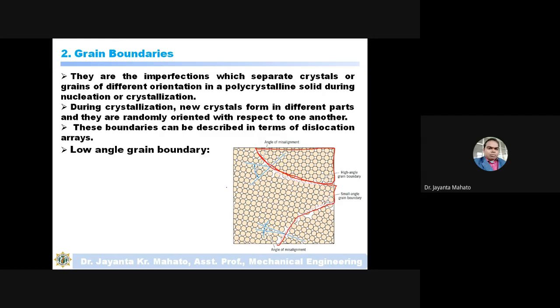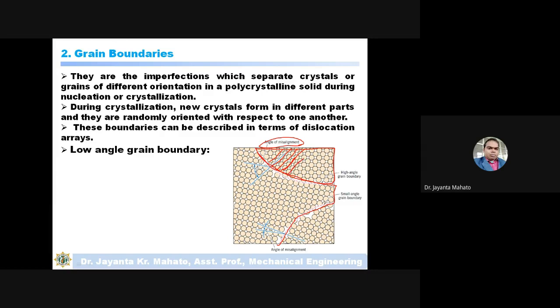So what is the angle of grain boundary? The angle of misalignment or angle of grain boundary is this. Suppose in this grain the atoms are oriented in a regular way, but in this direction, in this way.